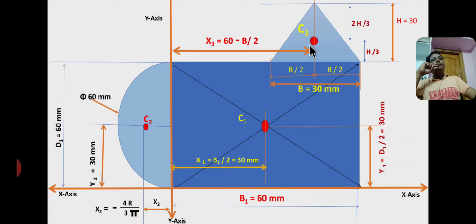From here to here, x3 equals the total base 60 minus base by 2, which is 15. So 60 minus 15 equals 45 mm. So x3 equals 45 mm, and from here to here the distance of centroid C3 from the x-axis is y3. So y3 equals the height of the square, that is 60 mm, plus h by 3.